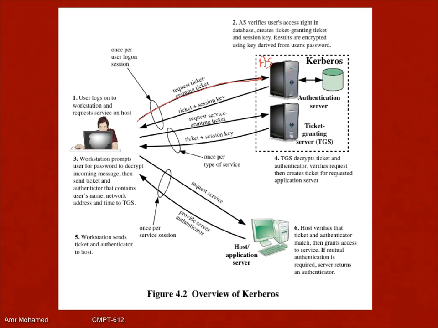So this is the authentication server. And then at the end, he or she will get a temporary session key, okay, and a ticket. This session key will be used to communicate with the ticket granting server. So this is step number 1.